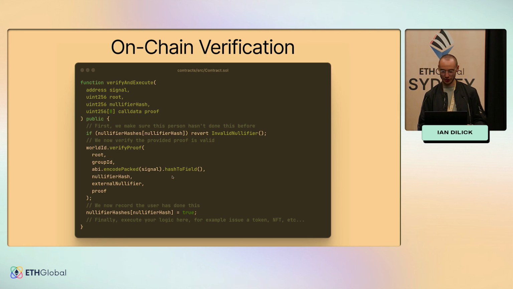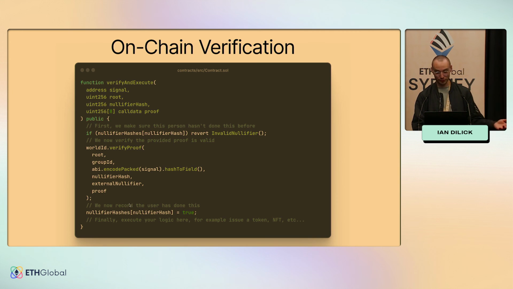Pass the nullifier hash and that external nullifier that we calculated earlier in the constructor, and the proof. And if the proof verifies, this program will simply continue. If the proof doesn't verify, it will revert. So that really simple execution flow is how we can tell if that proof is good or not.